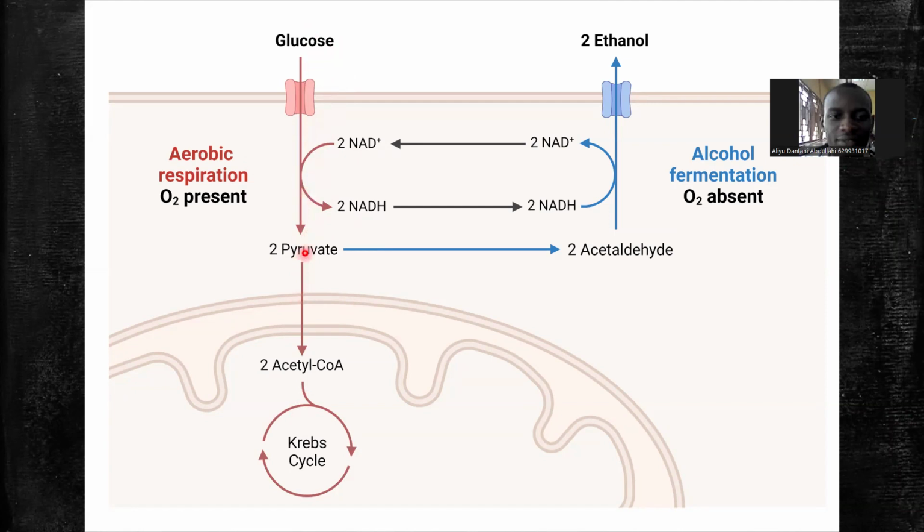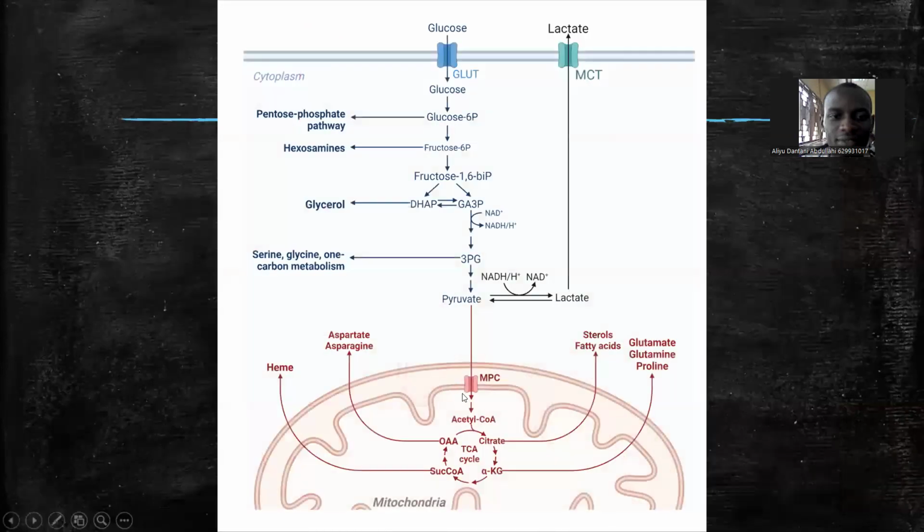Now, pyruvate in aerobic respiration, in the presence of oxygen, is converted to acetyl-CoA, and this acetyl-CoA goes into the citric acid cycle. All right. Now, in the citric acid cycle, acetyl-CoA condenses with oxaloacetate here to produce citrate. That's why this cycle is called the citric acid cycle.